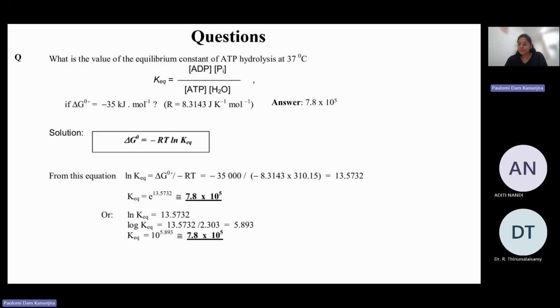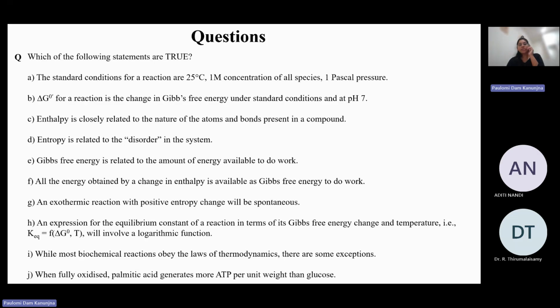Okay, right. All right. Now you have some statements here based on whatever we have discussed so far, and you need to tell me which ones of these are true. So you can read these 10 statements and let me know which ones are true and which ones are false.